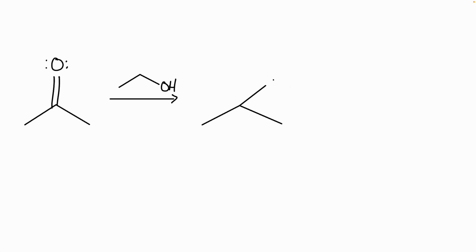So that alcohol acts as a nucleophile. And what's going to be the electrophile? That electrophilic carbonyl carbon, yep. All right, so we get this new bond where this oxygen from our alcohol is now attached to that carbonyl carbon.